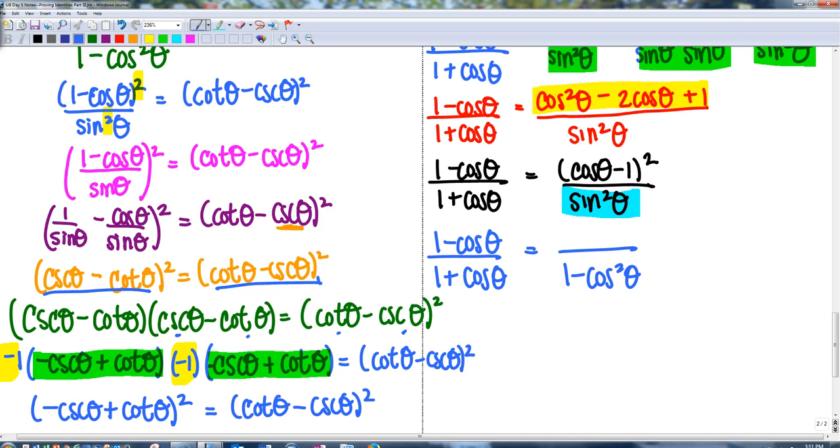For the same reason, by taking out these negative ones, we can say that cosine theta minus 1 squared is the same as 1 minus cosine theta squared. Okay, and again, that's because if you write it twice and you pull out your negative ones, it becomes the same thing. All right, so what we're going to do now is we can factor the bottom and then we can have some cancellation occur.